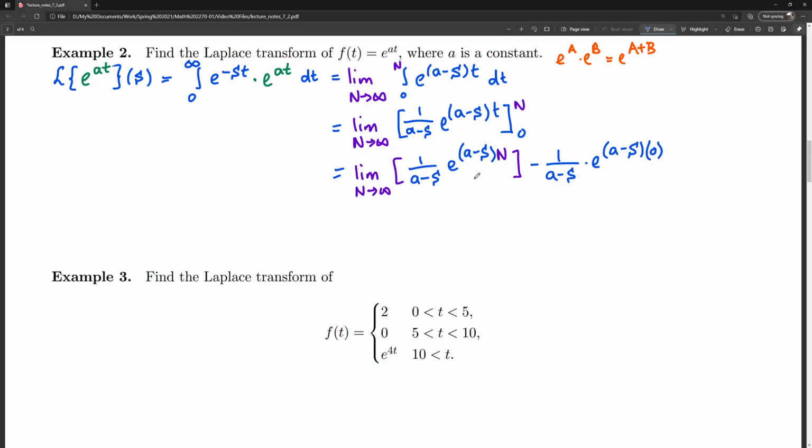So now, what happens to this first part? Well, if a minus s is positive and n is positive, then this goes to positive infinity when n goes to infinity. And that means that this e value blows up and the limit does not exist, or the limit is infinity.